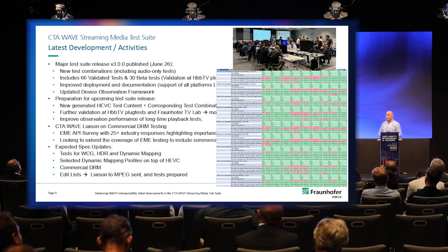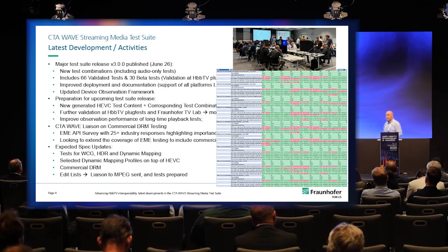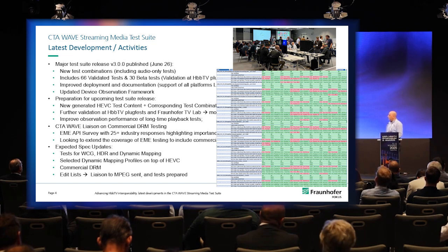One of the other activities within the group is commercial DRM integration. We saw in a previous presentation that this is one of the key activities at HbbTV, with the DRM specification, especially when the EME API is used. So there was a survey on this, and we have had a lot of responses from the industry.